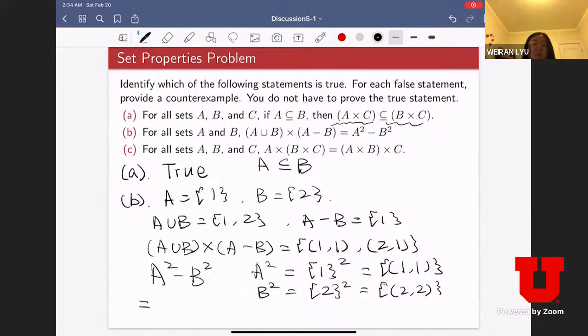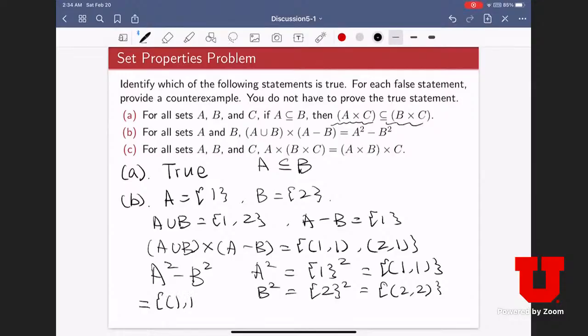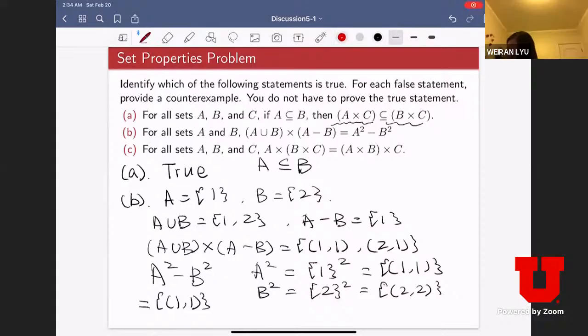And what about A squared subtract B squared? It would just be 1, 1. All right, and then you can see that these two are not equal. Any question on part B?